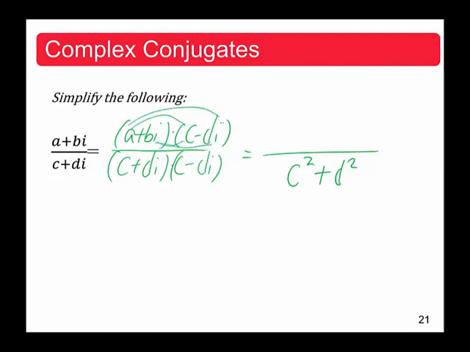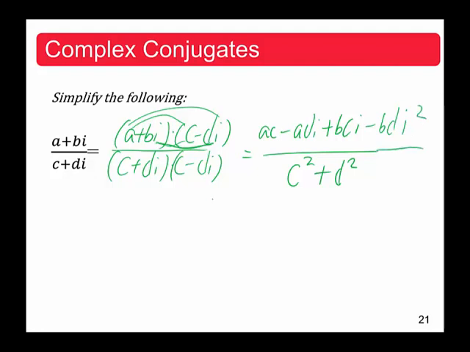Okay, so a times c is ac. A times negative di is minus adi. And then bi times c is plus bci. And then bi times negative di is minus bdi squared.